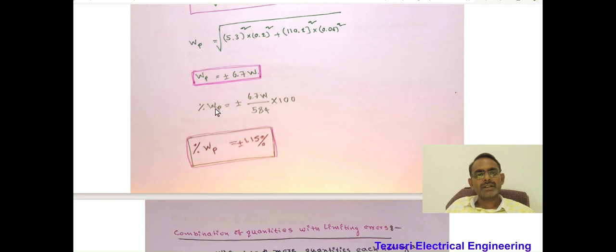In percentage, uncertainty in power equals plus or minus 6.7 watts divided by the total power 584, times 100. Then we get 1.15%.